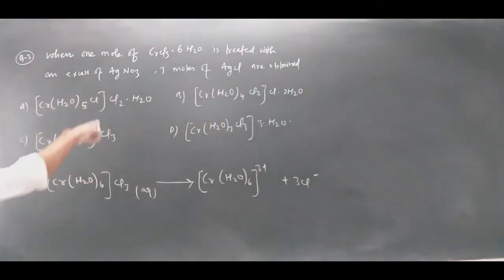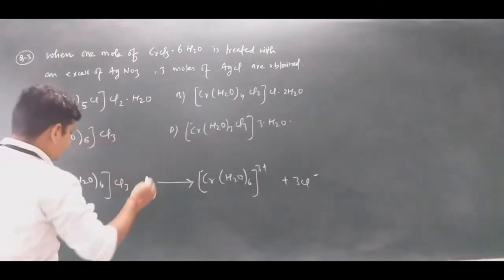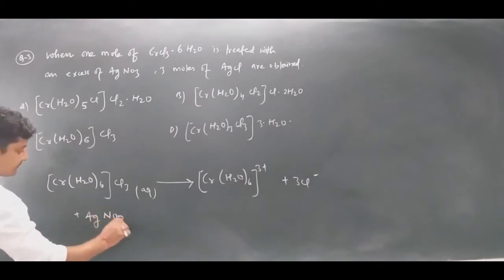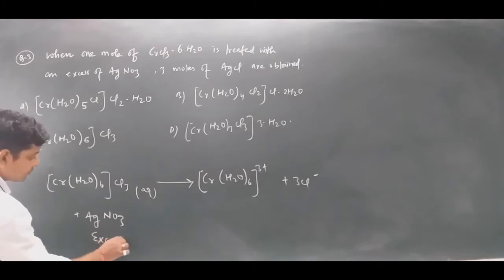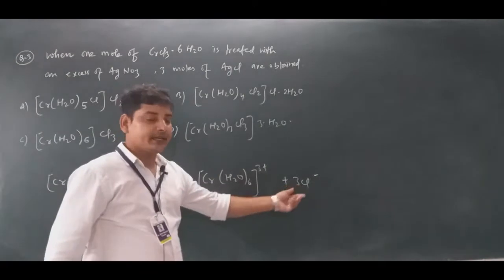Now this compound, when treated with excess AgNO3, obviously AgNO3 in excess, what will happen? This is giving 3Cl minus.